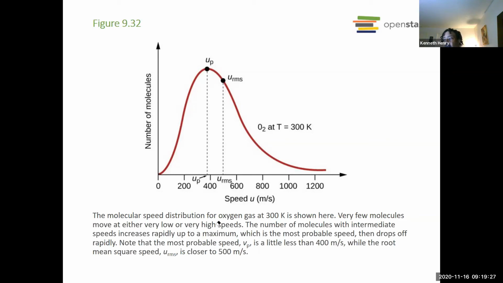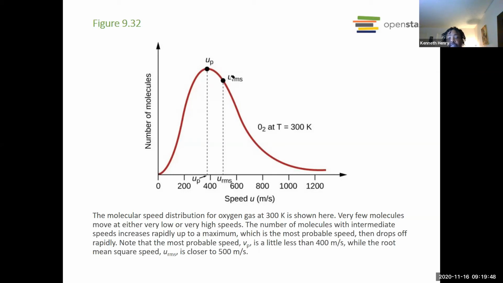So this here is just representing the speed of all of the gas molecules that are distributed over the entire time, right? And then this here represents the most probable speed. This here represents what we call, as I said, the root mean square speed, okay?